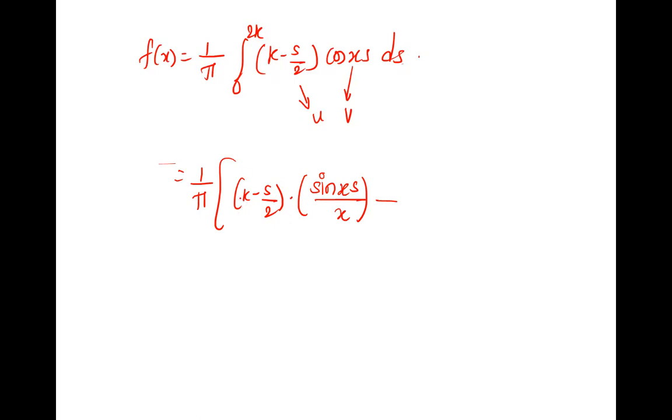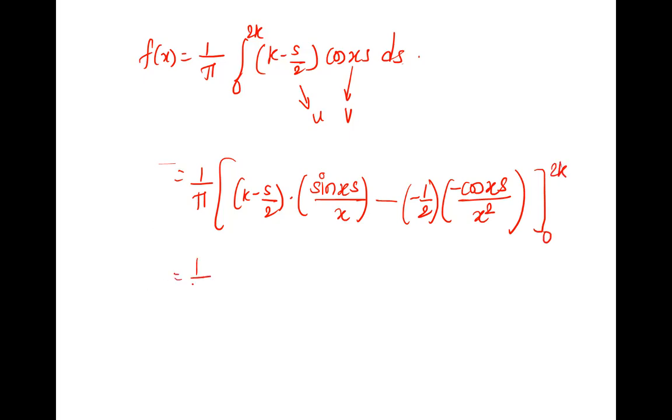K is constant, its derivative is 0, and derivative of this with respect to s is minus 1 by 2. Very good. And the integration of sine? Minus cos sx upon x, but x already, so x squared. Right. And next derivative of this will be 0, as it is constant. So this is from 0 to 2k.